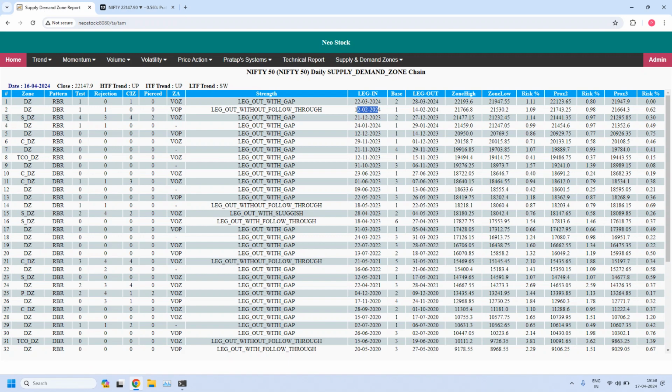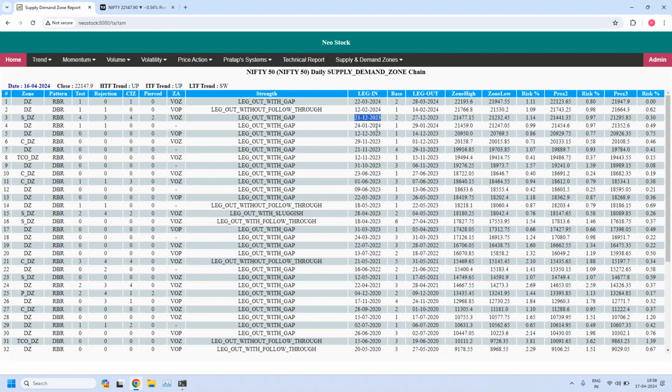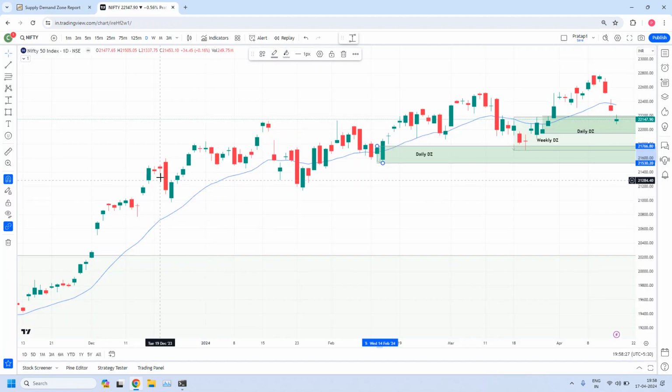And the last one we will drop to the third one. This is a high liquidity demand zone. This is the only available one. It was created on 21st December after the 2 base candles. So this is the 21st behavior after the 2 base candles, but this is pierced, right?